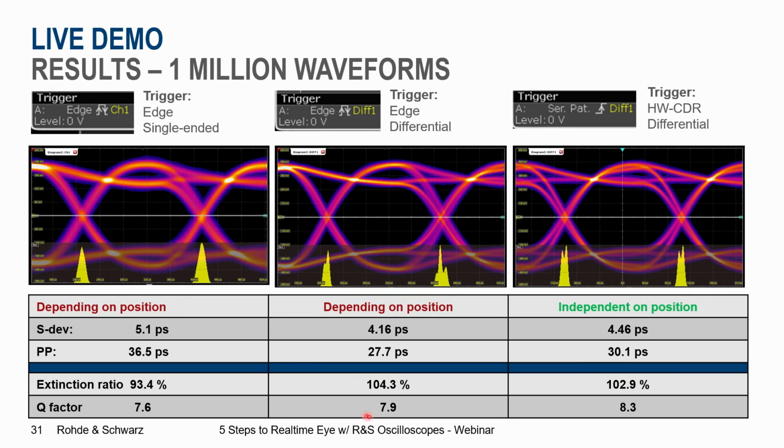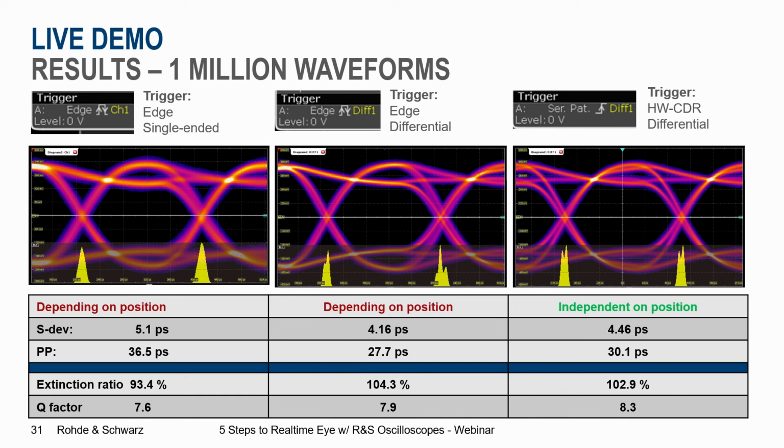Then as a next step, we applied the differential signal to the trigger. So you could see for this case here, where we have the histogram on the first edge, some improvement of the standard deviation compared to the first number, and also on the peak-peak jitter, extinction ratio, and the Q factor. But this is all related to this first edge here.